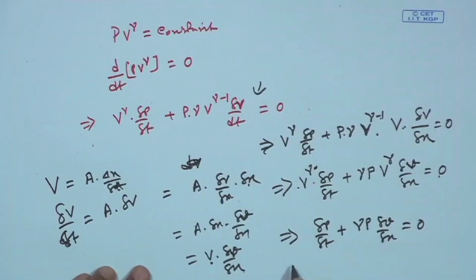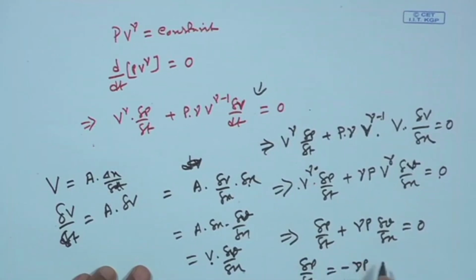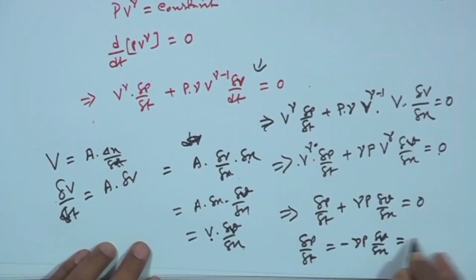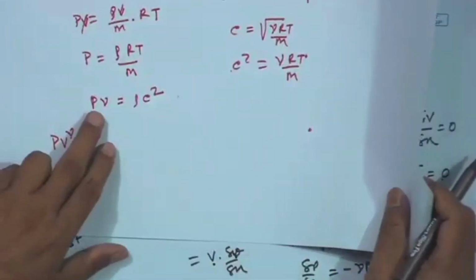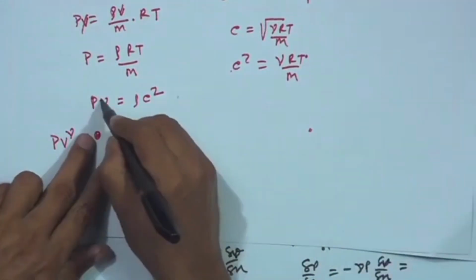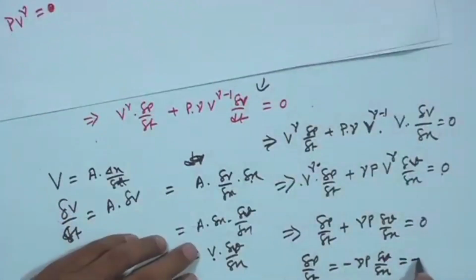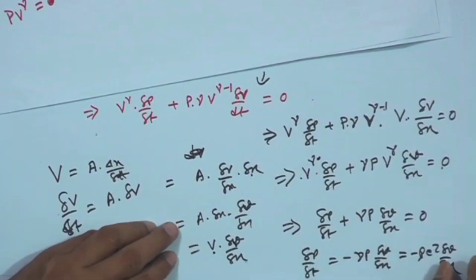Okay, I can say del p by del t is equal to minus gamma p into del v by del x, which is nothing but, I said pressure into gamma is equal to rho c square. So, I can say it is nothing but minus rho c square del v by del x. Okay.